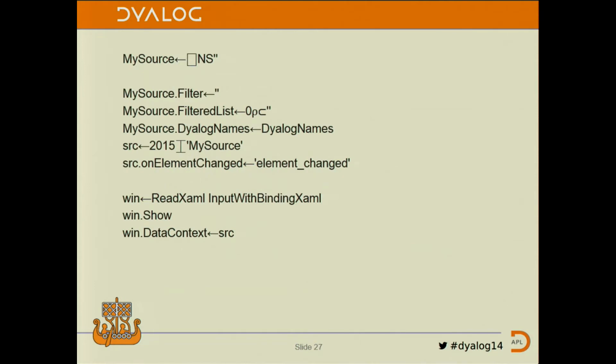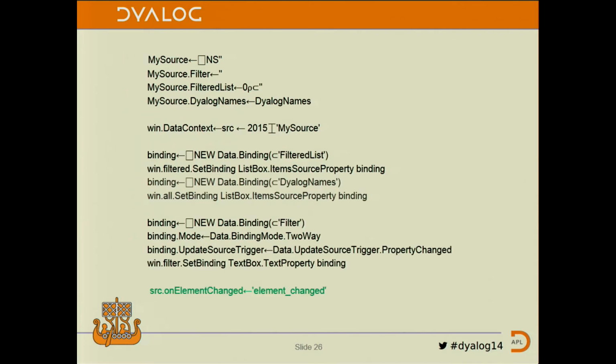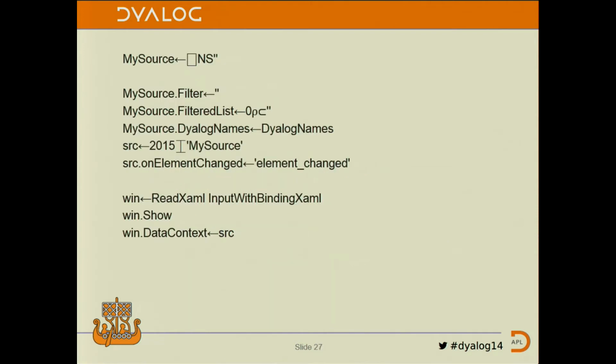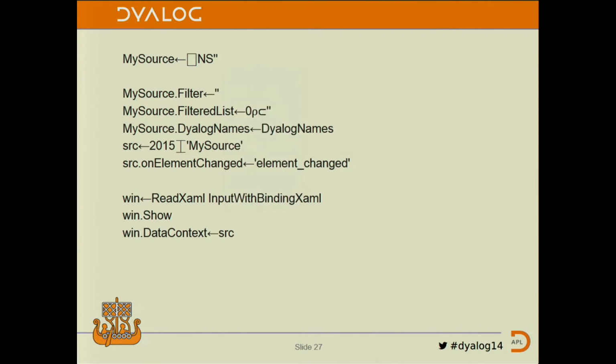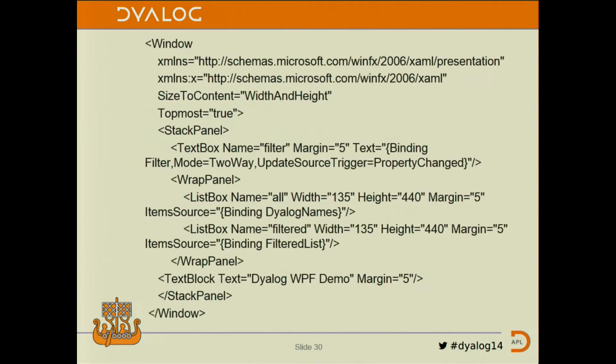Something else we can do that significantly simplifies the previous slide is, rather than doing all of this binding stuff in code, we could have the binding in the XAML. And all we need to do if we're using XAML is create the data source from the namespace as we did before, set up our callback, but all the bindings are done inside the XAML.